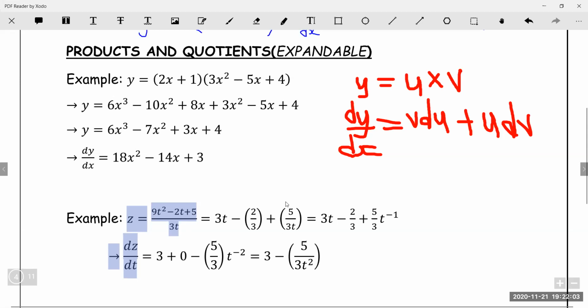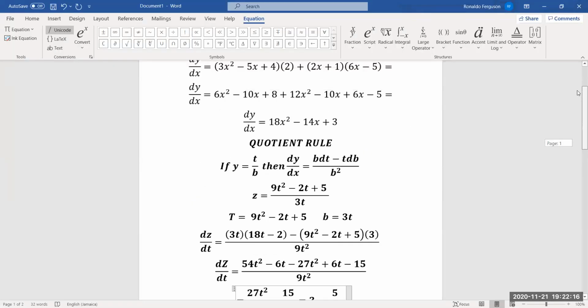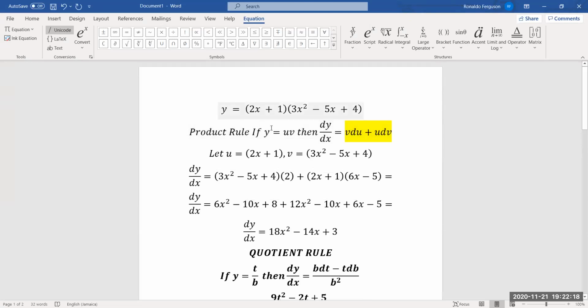Now product rule and quotient rule will come in very handy when you're unable to expand. So again, you just need to remember these two formulas. Product rule: if y is equal to u times v, then dy by dx is v du plus u dv.